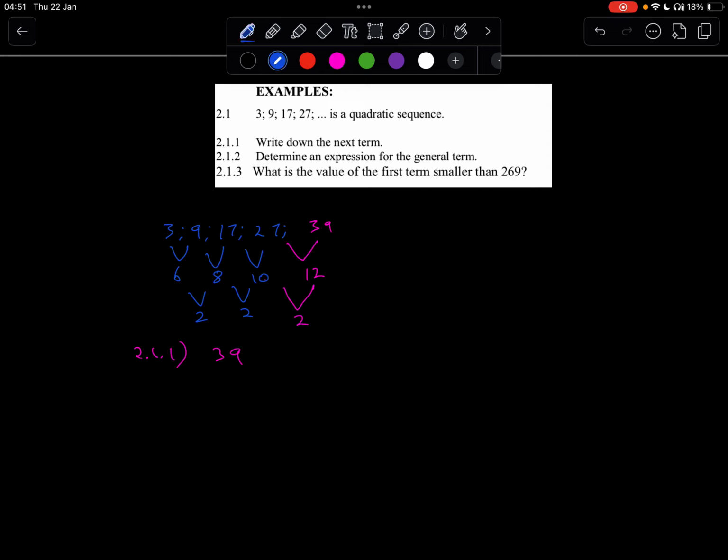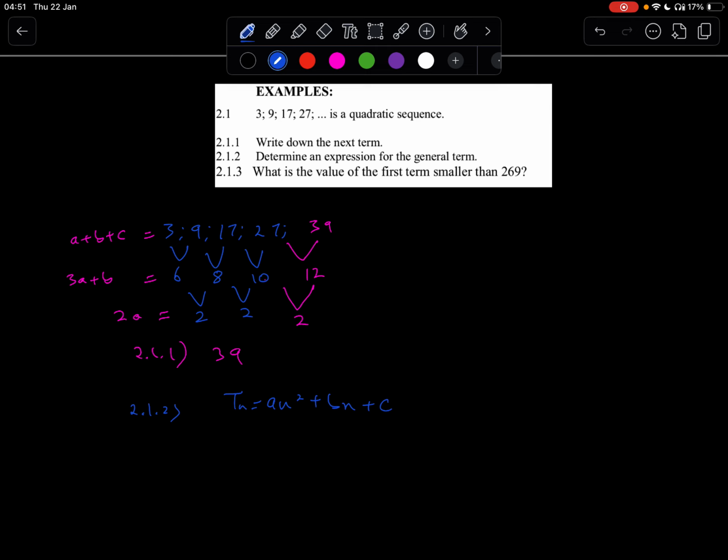Then for the next question, determine an expression for the general term. So here we want Tn. We know 2a equals the second difference, 3a plus b is the first difference, and the first term is a plus b plus c.